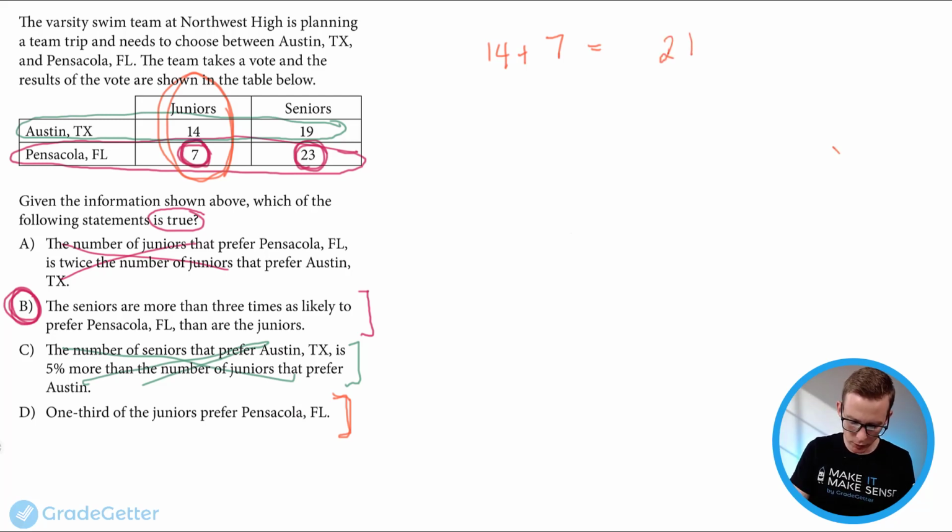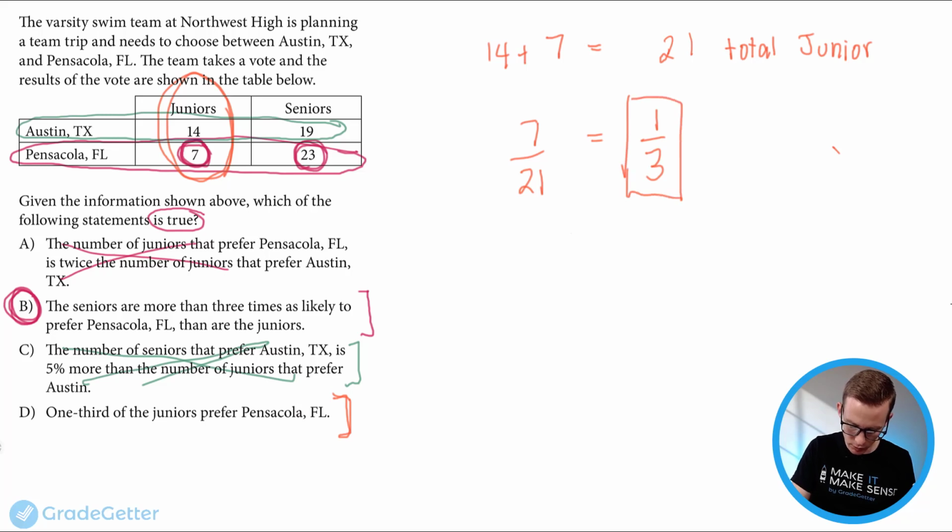So since there's 21 total juniors, that means that of those that want to go to Pensacola, Florida, 7 of the 21 want to go to Pensacola. Well, 7 over 21 is 1/3. So that's true as well. Okay, so it seems like D also is true.